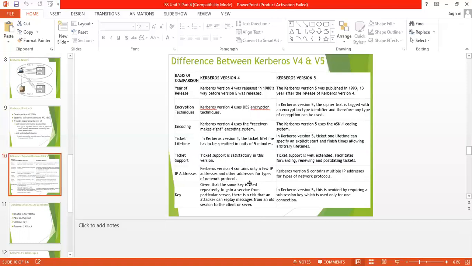In encoding scheme, version 4 uses the receiver-makes-right encoding, and version 5 uses the ASN.1 coding system. In ticket lifetime, version 4 has a ticket lifetime specified in units of 5 minutes, whereas V5 allows an arbitrary lifetime. Ticket support is satisfactory in version 4, but V5 extends it with facilities for forwarding, renewing, and postdating tickets.